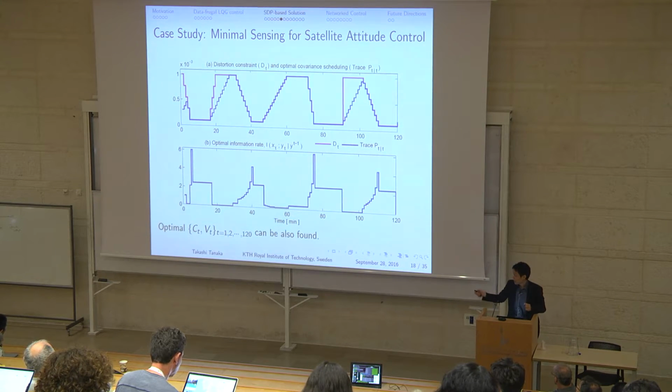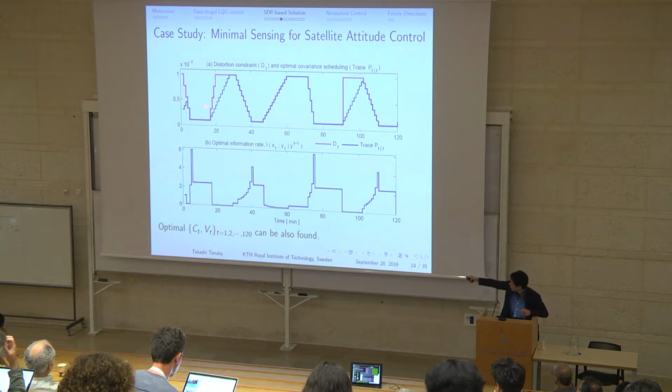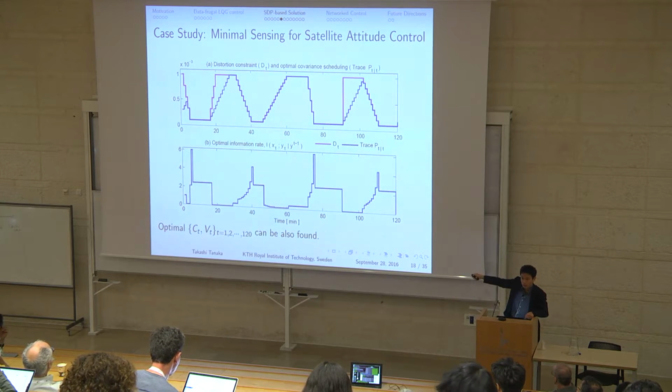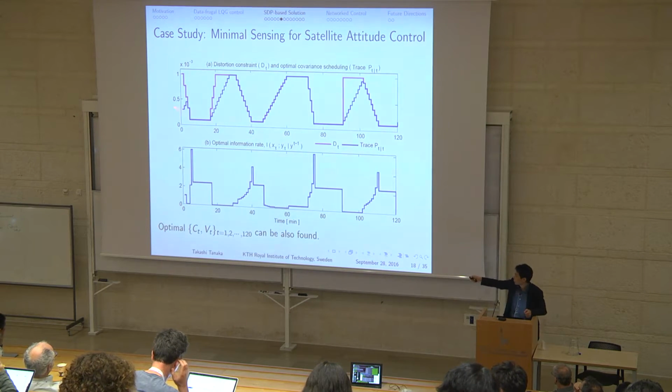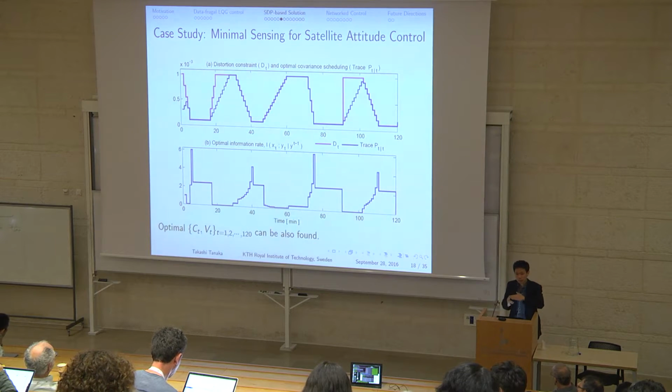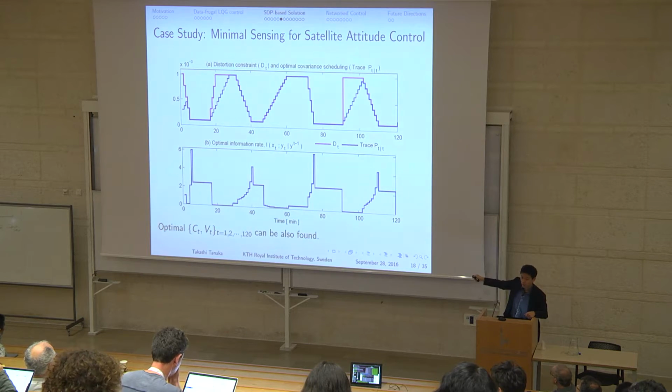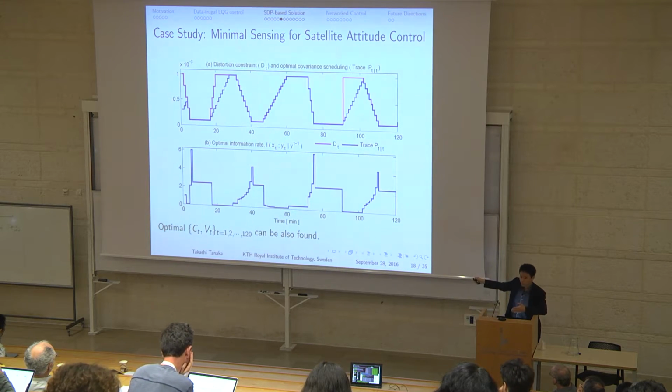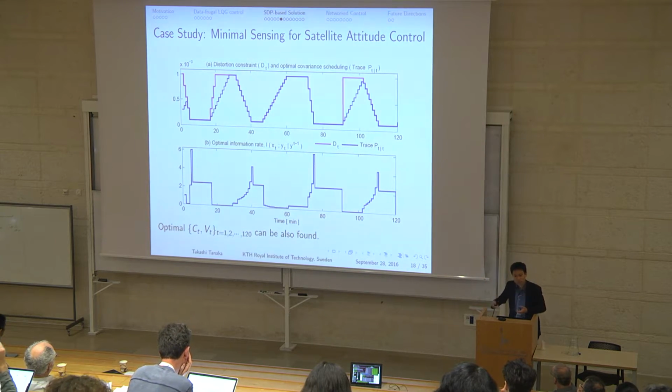And of course, during this phase, since the ground station is not receiving any information from the satellite, the estimation error is growing as shown in this blue plot. But that is fine as long as this blue curve stays below this pink curve. But eventually, this blue curve hits this pink curve, and this is the time when a sort of phase transition happens.